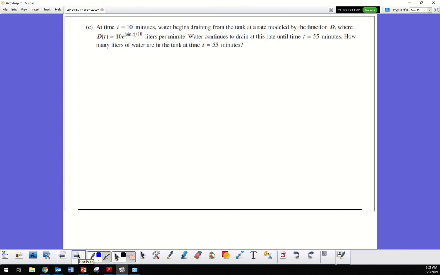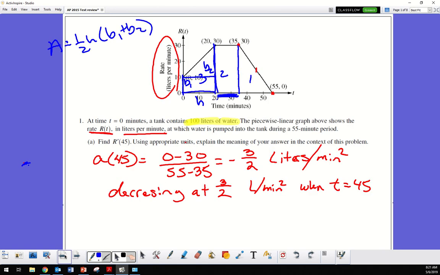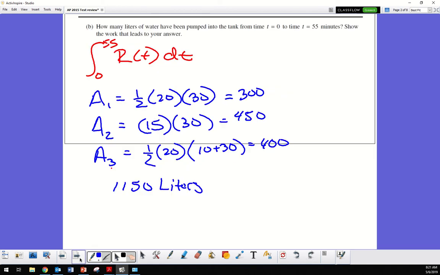So I'm going to have 1150, right? But there's one thing that I said is important. How much did we start with? We started with 100 liters. So that's super important here, because on the other problem we're starting with the 100, but on this problem, it's asking how many liters have been pumped in.